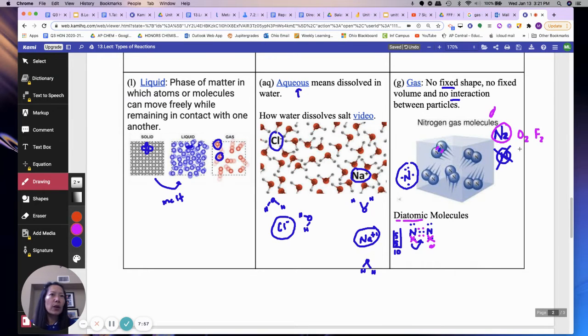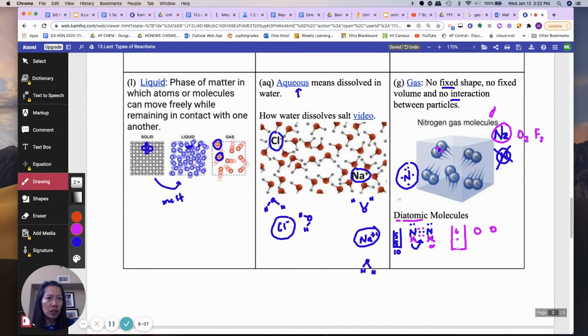Now let's go ahead and do the Lewis structure for oxygen, O2. You have an O and an O. Oxygen has 6 valence electrons each, a total of 12. So I'm going to do bonding pairs first: 2, 4, 6, 8, 10, 12.